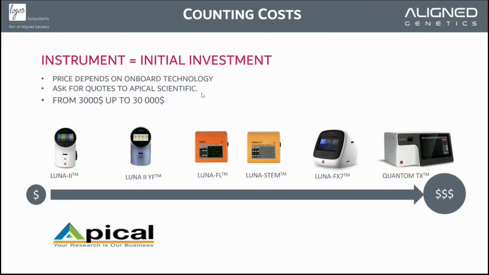The prices will roughly go from $3,000 to $30,000. But you can see here, even with the Luna 2, which has quite advanced technology on board with liquid lens, is one of the cheapest we have. So for any quotation or pricing inquiries, please consult our distributor in Malaysia, which is Apical Scientific.